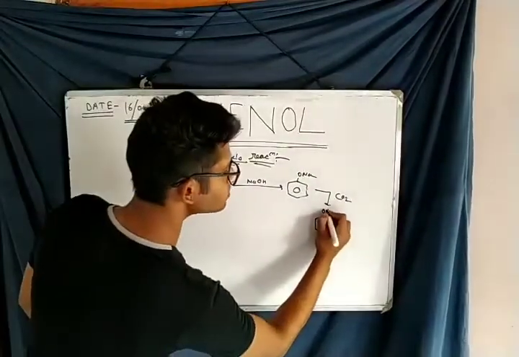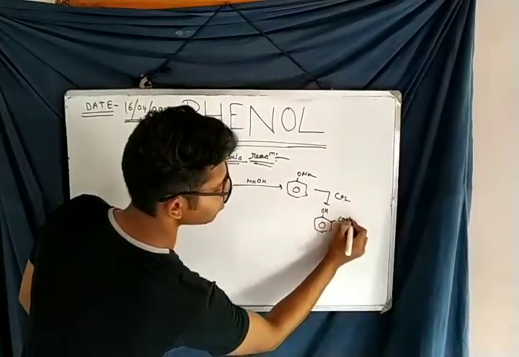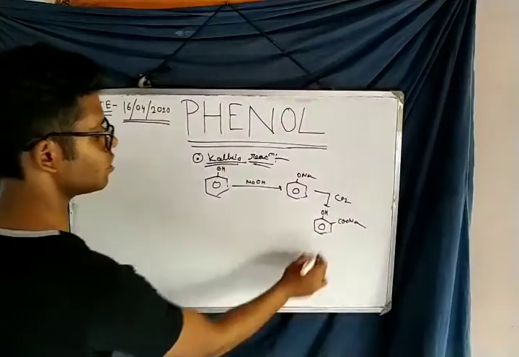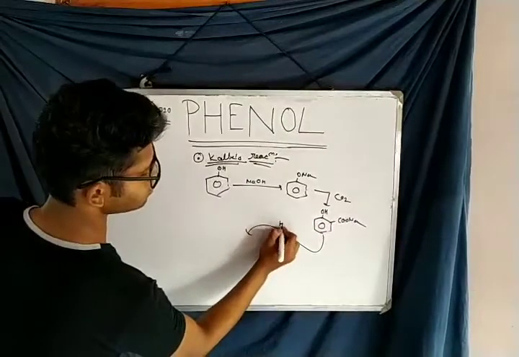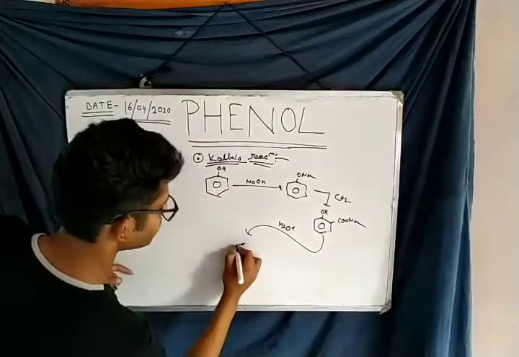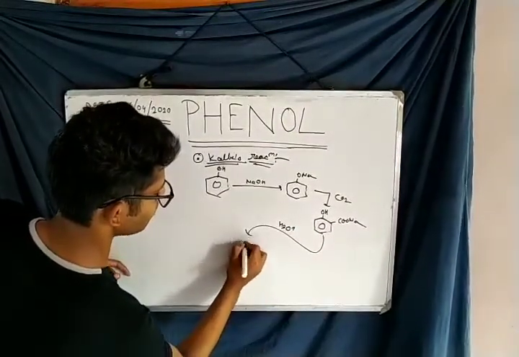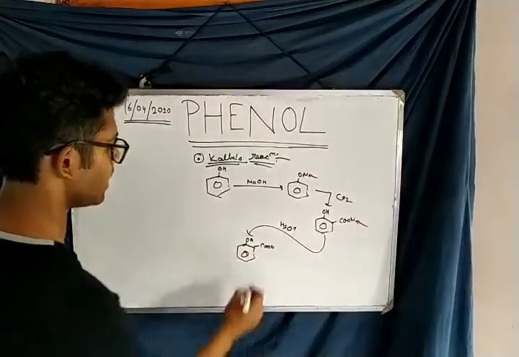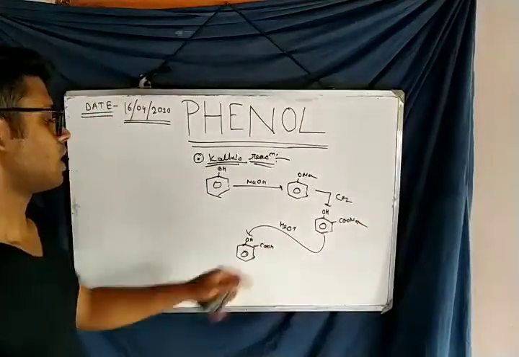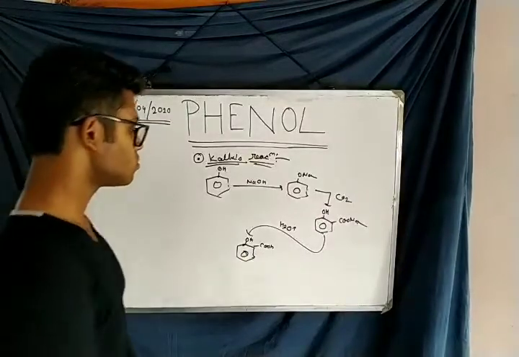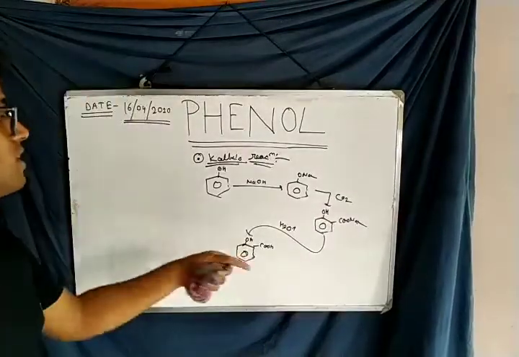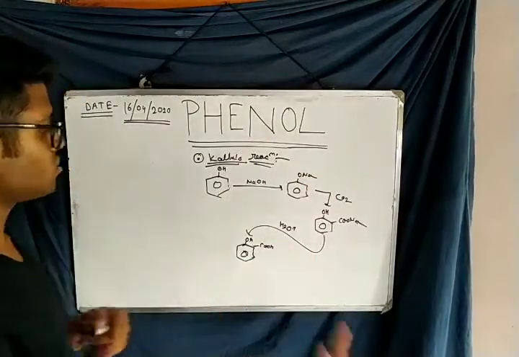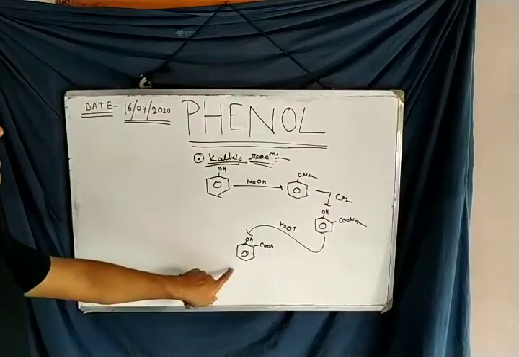Here, in the ortho position, COONa is present. Then it goes to acid hydrolysis, H3O+. The compound yielded is OH, COOH. This Na atom is replaced by hydrogen, so the carboxylic group is present in the ortho position. So this compound is salicylic acid. We have read it in the previous class in the preparation of phenols.